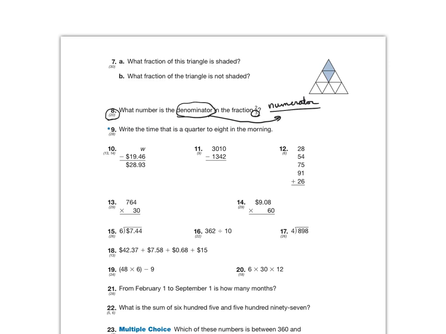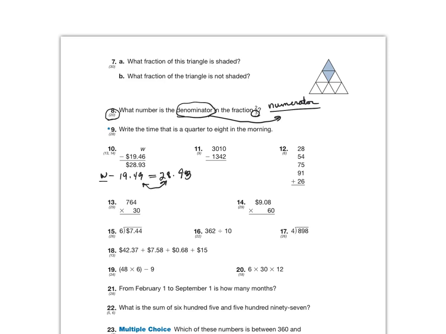Number 10. All right, we have a number here, and this is a variable. This is an equation. I have W minus 19.46 equals 28.93. If I were to do the fact family, I could switch these, right?